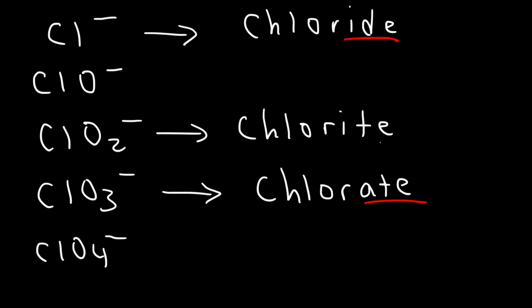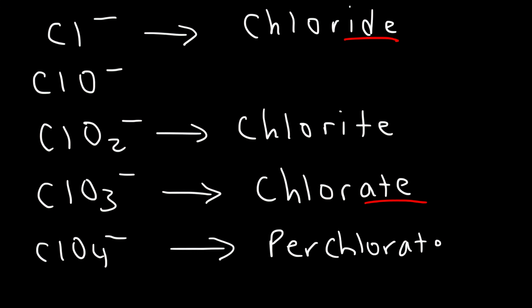But now, how do we name something that has one more oxygen than ate? What you do is you add a per in front of it. So this is going to be called perchlorate. Perchlorate is ClO4 minus. And if you have something that's one less oxygen than ite, it's going to be hypochlorite. So you add the prefix hypo in front of it.